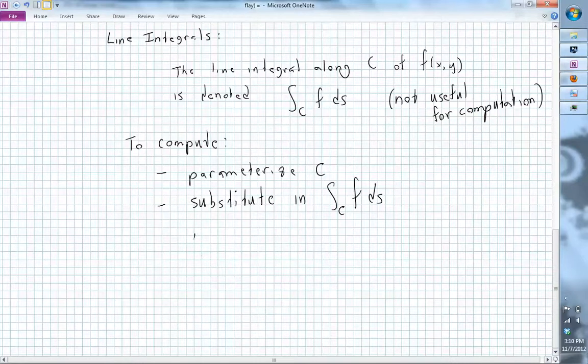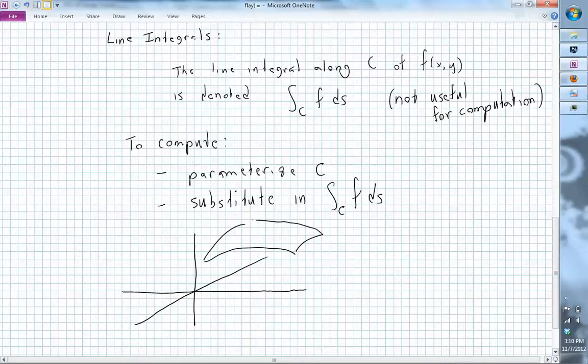Let me try to sketch a picture for you. And let's get something like that. Our classic surface. And let's take a point down here, call it A, and another point over here, call it B, and some squiggly line from A to B. So there's the surface z equals f of xy.